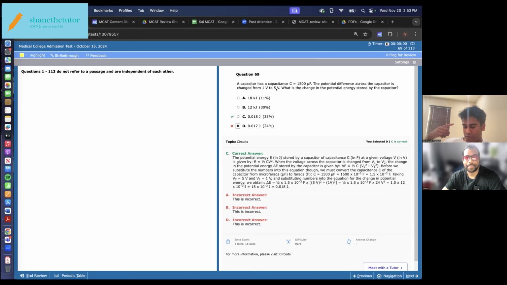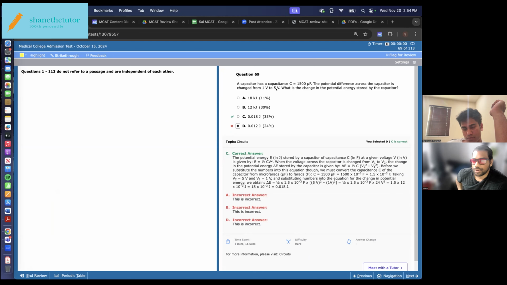I didn't really notice it till now, but yeah, you're right. Now, when it comes to the one for the spring, that's when it'll be a delta x value. One half k delta x squared. Yes. But for the capacitor one, it's just your voltage.